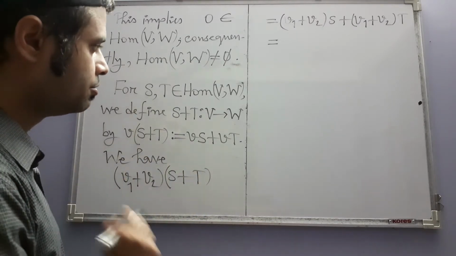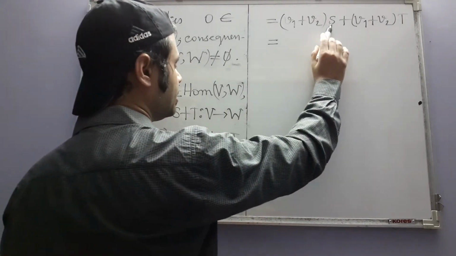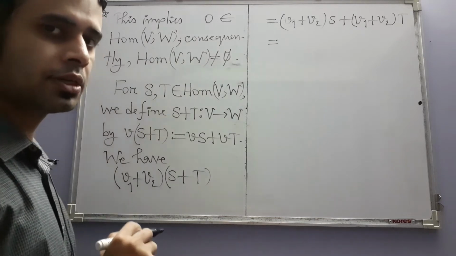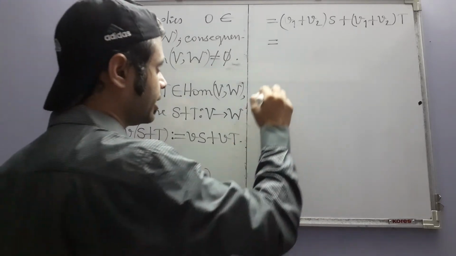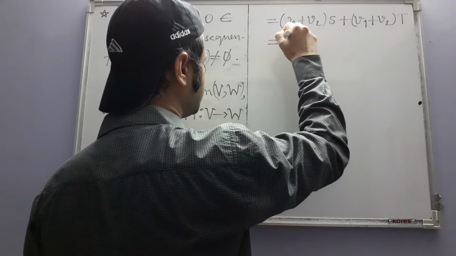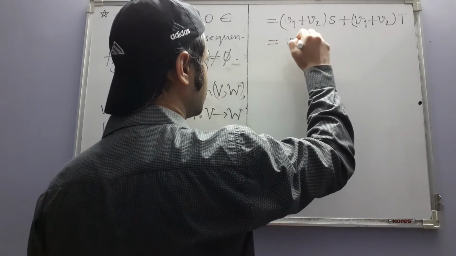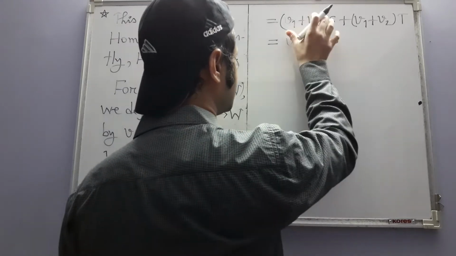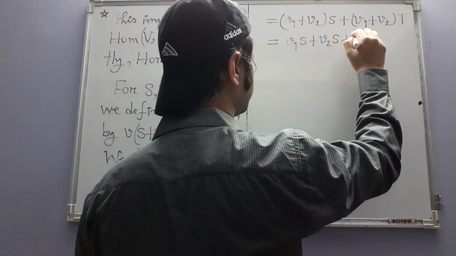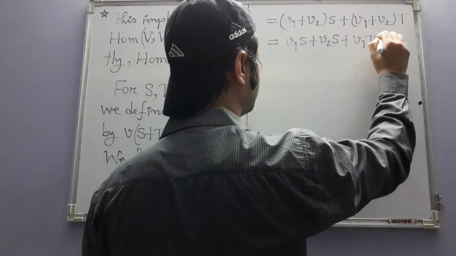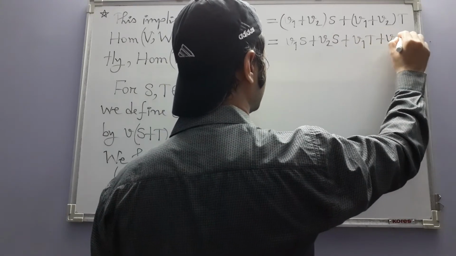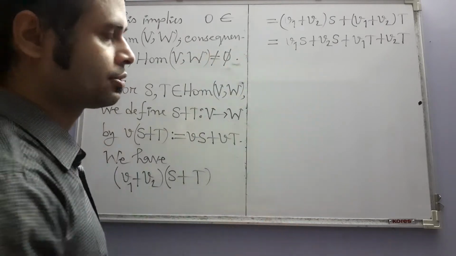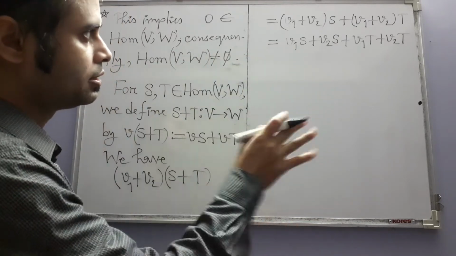Now we are going to use the fact that S and T are homomorphisms, and so each one of them respects addition, and that is why we can write v1S plus v2S. This is equal to this. Similarly, this one is v1T plus v2T. Why am I not writing any brackets and still there is no problem?